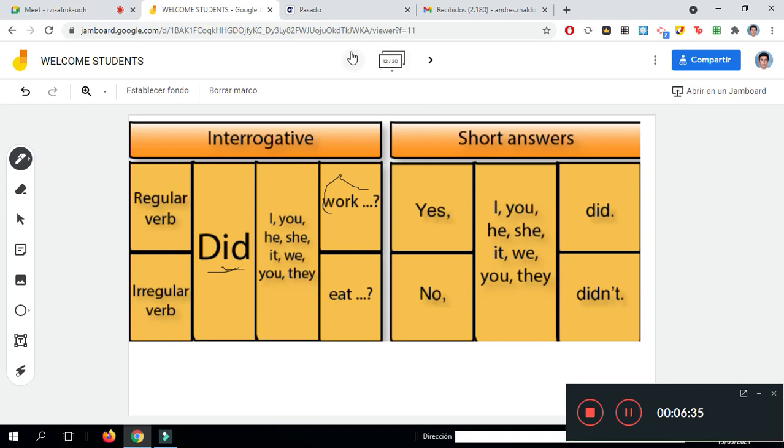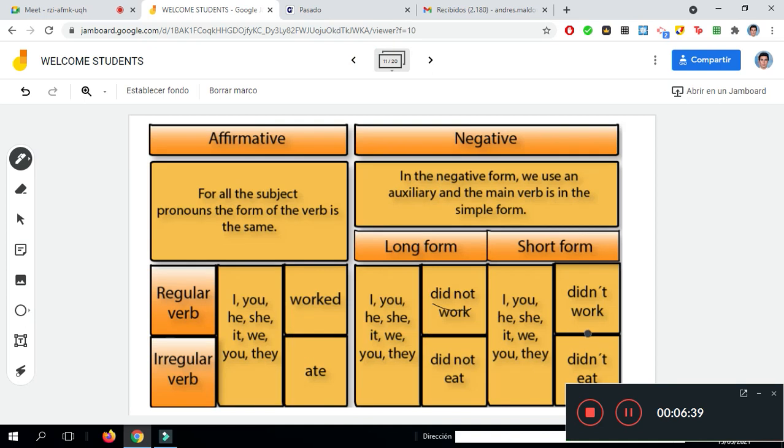And also in the negative form, okay? If you notice, the verb work stays normal, permanece normal, in present simple. Why? Because we have the auxiliary didn't work. So in negative and in questions, the verbs don't change. I don't conjugate the verbs. But in affirmative sentences, I have to conjugate the verbs.